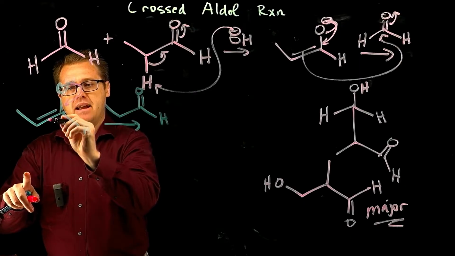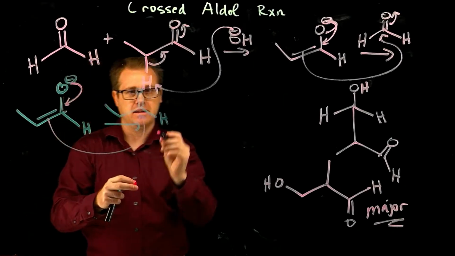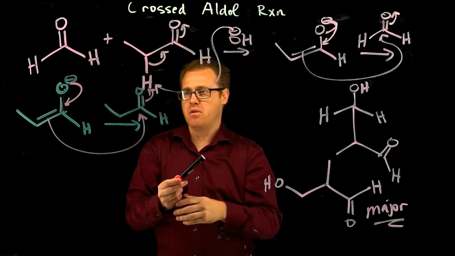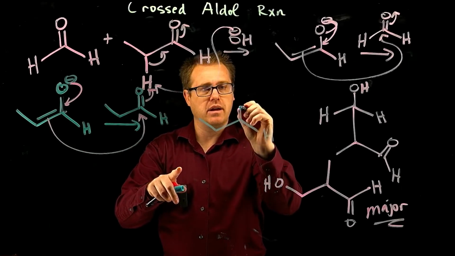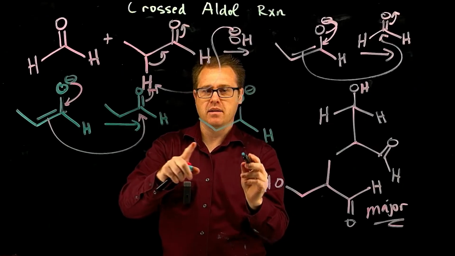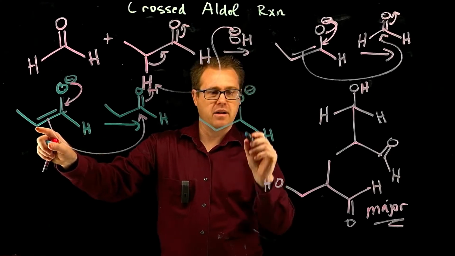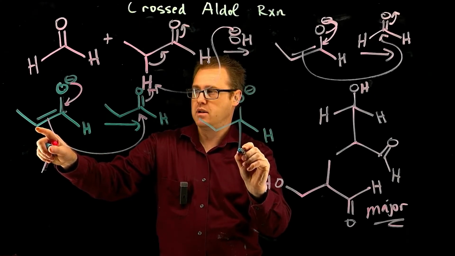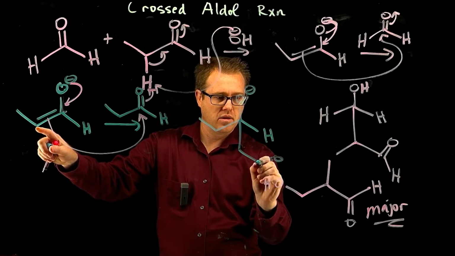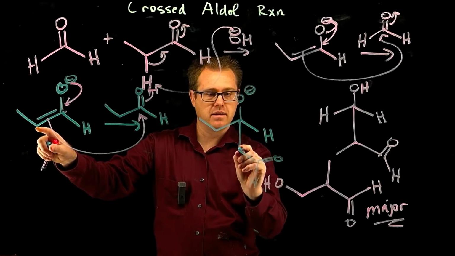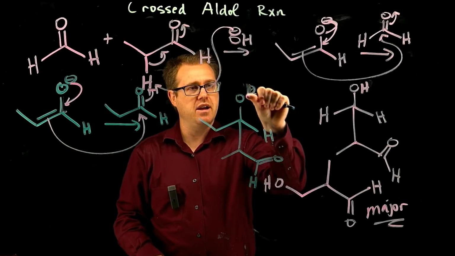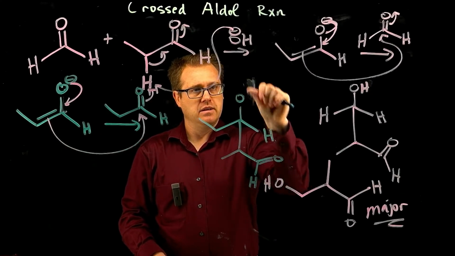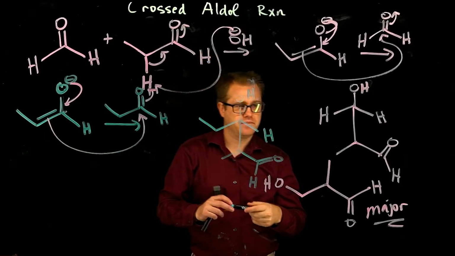That will collapse back down. That will come in and attack. And then what would we get? We'd get O minus. And then that carbon, that one, like that, and a methyl right there. We do a protonation step, convert it to that.